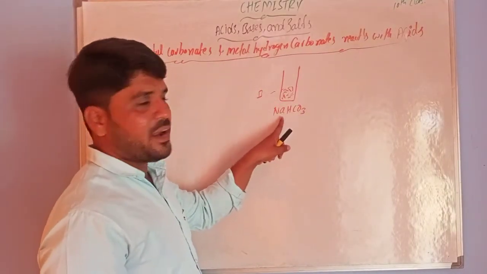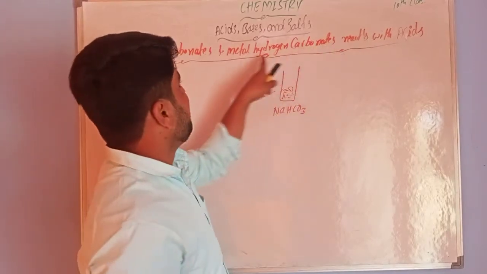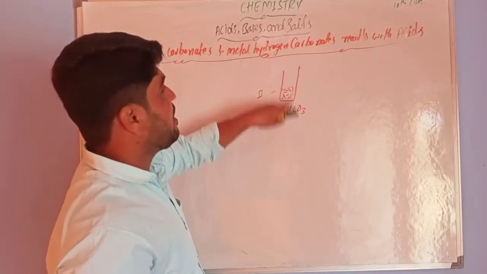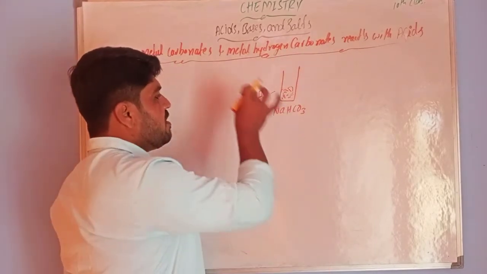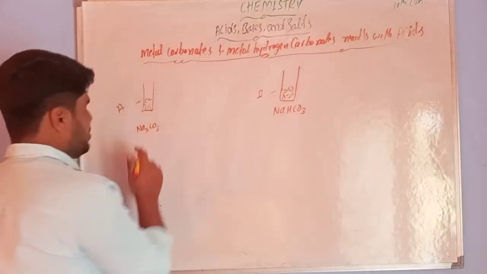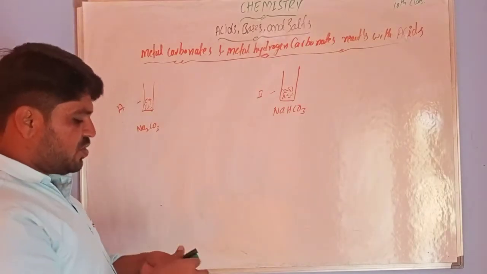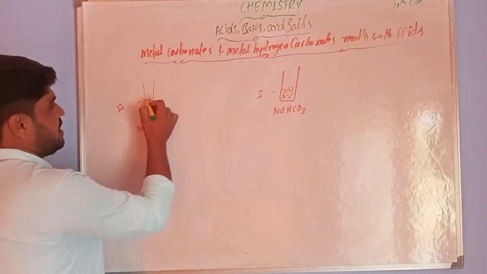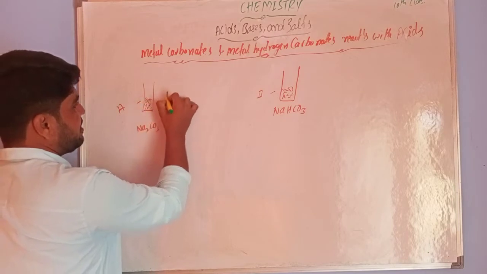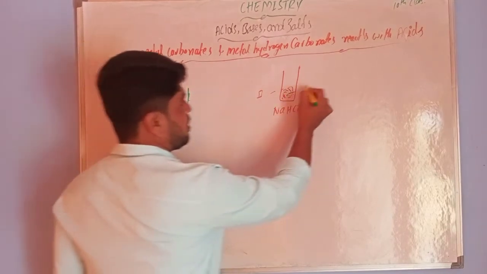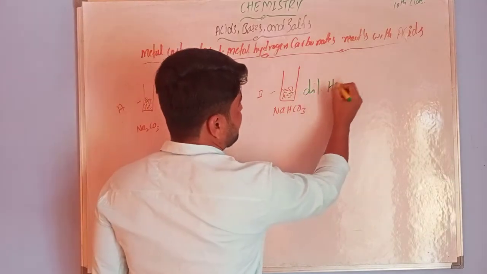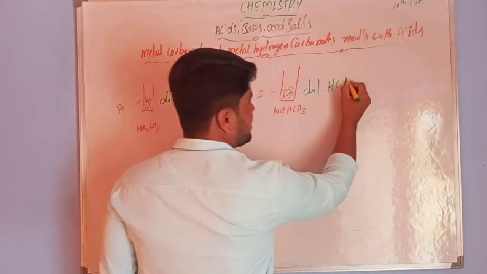H is the symbol of hydrogen and CO3 is carbonate. For both test tubes A and B, I am going to add dilute HCl.